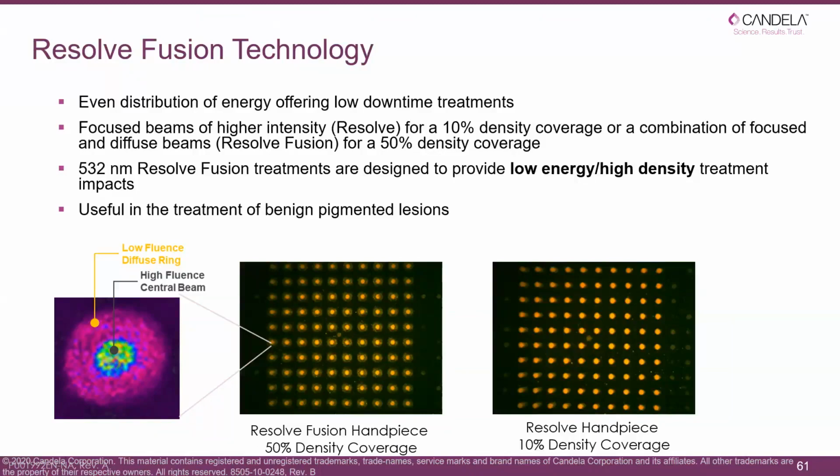So with our Fusion handpiece, the density is 50%. And with the standard Resolve handpiece, the density is only 10%. And particularly when you're looking at treating pigment, diffuse pigment, which you have on the face, for instance, you want a very high density of coverage.